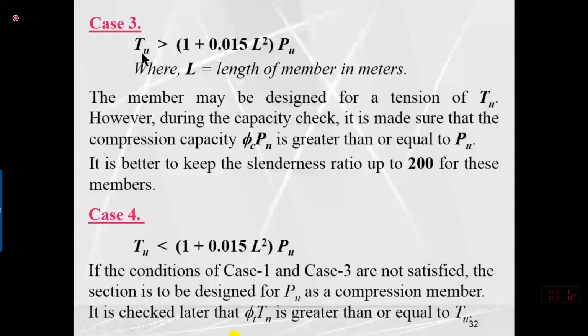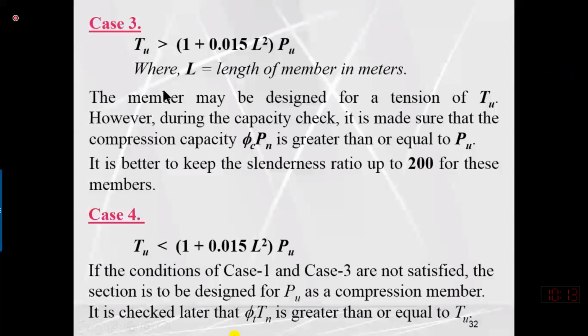If the left side is larger, meaning the factored tensile force is larger than this right hand side, then this member will be designed for factored tensile force. This member will be designed as a tension member, but later on we will check the capacity for compression.